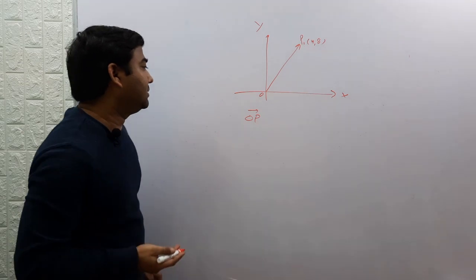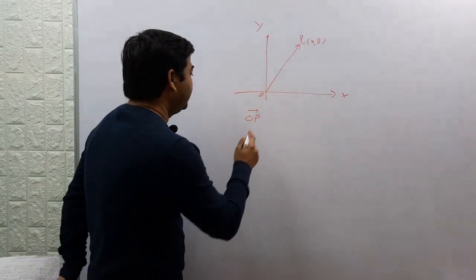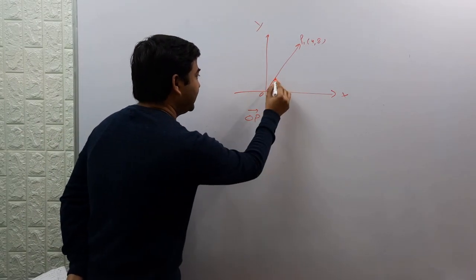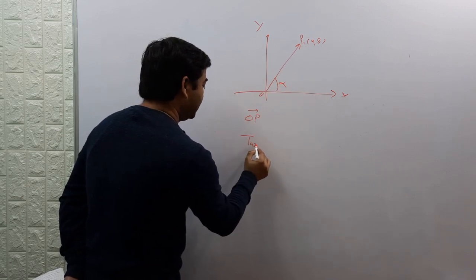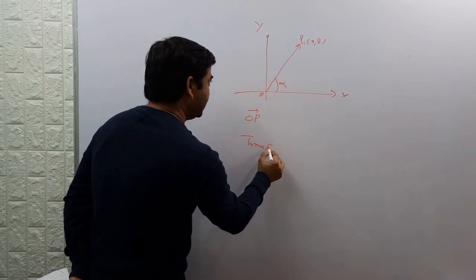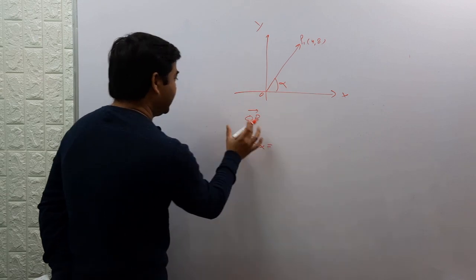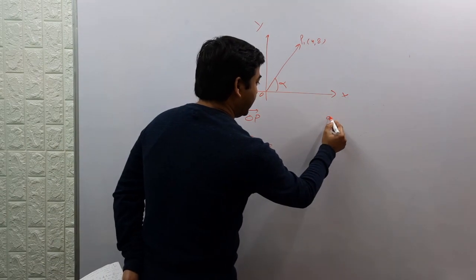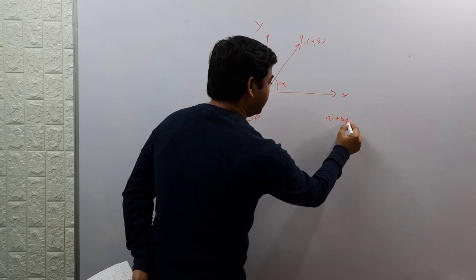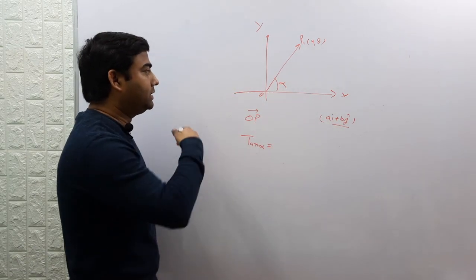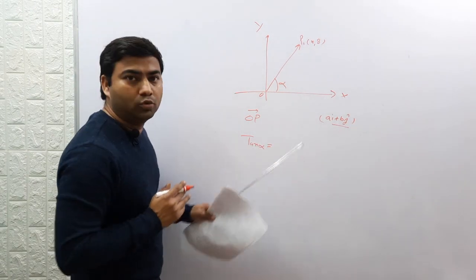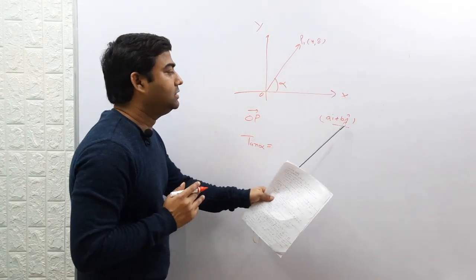So in general questions we find the direction of OP, that is alpha, by the formula tan alpha is equal to, for a given vector Ai plus Bj. We have omitted k because we are talking about 2-dimensional vectors, only i and j.